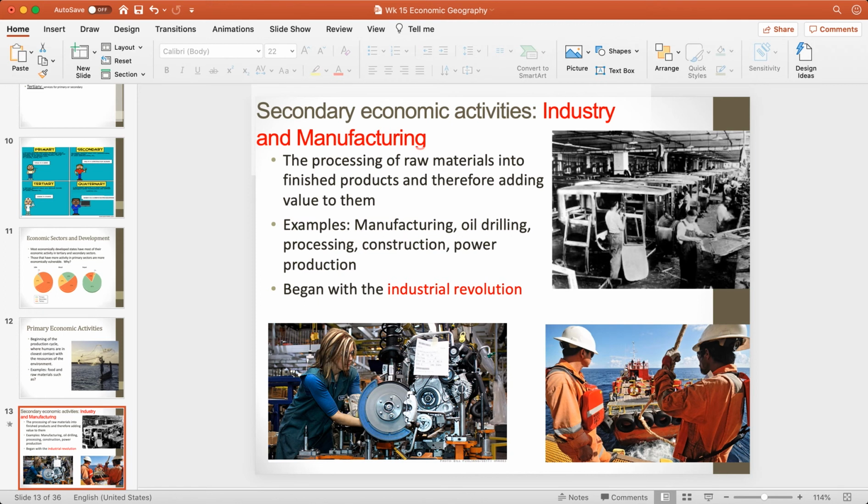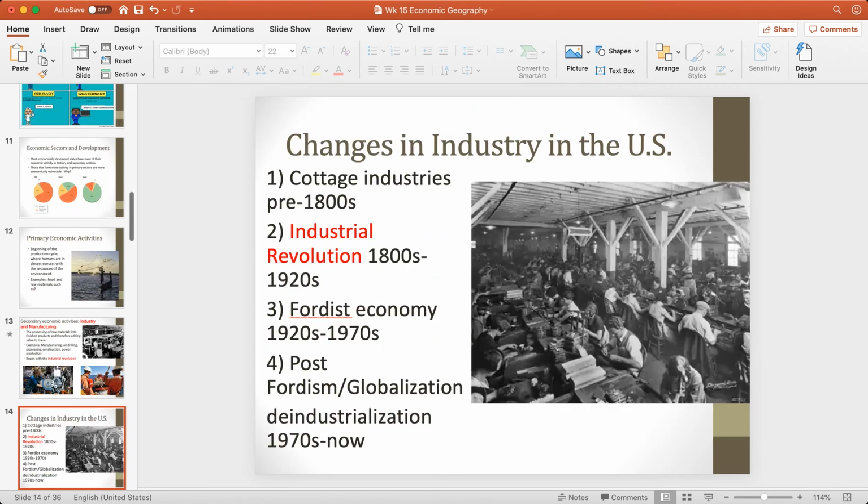So you process these raw materials from the primary sector and make them into finished products, and then you add value to them, because I don't know what to do with iron ore or a raw bit of lumber. But if somebody manufactures them into something I can utilize, and I'm just spitballing here, like a car or a refrigerator, then I'll buy it. And this began with the Industrial Revolution.